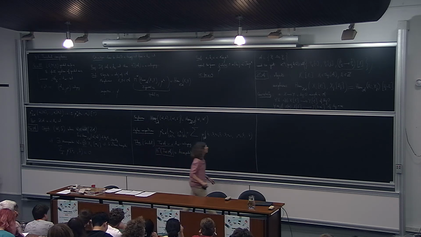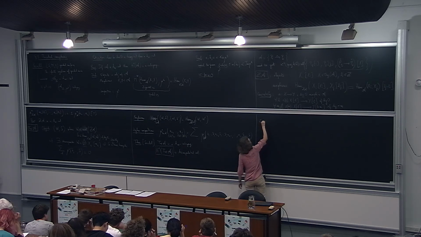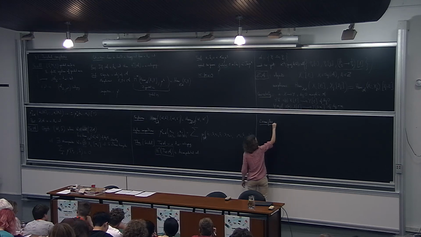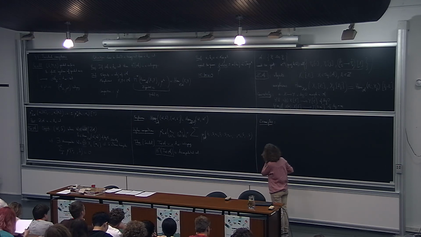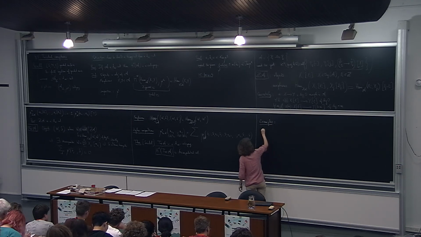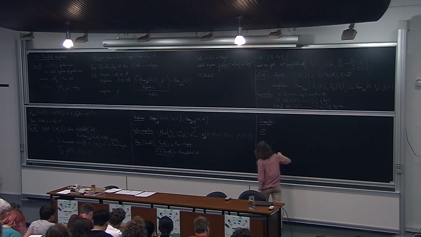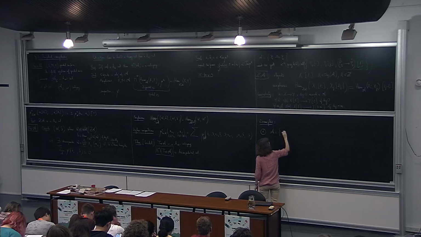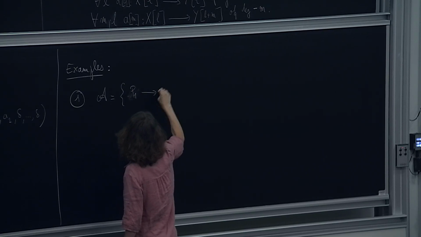Okay, so examples. The first example is maybe I come back to my small quiver. So I take A to be this, P1, P2.